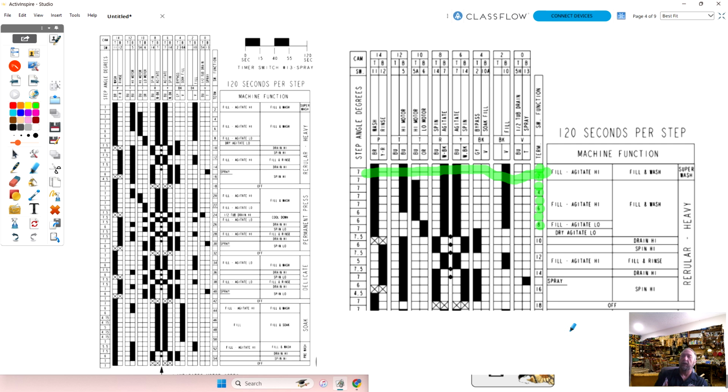Those are called increments. And when a timer itself moves, you can't really just sit there and watch the timer slowly moving on its own. The timer goes to a point, and then it takes 120 seconds before that timer moves to the next step.